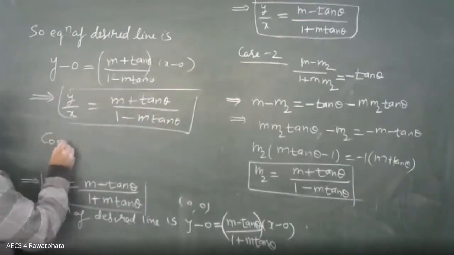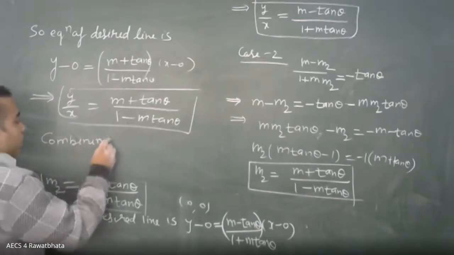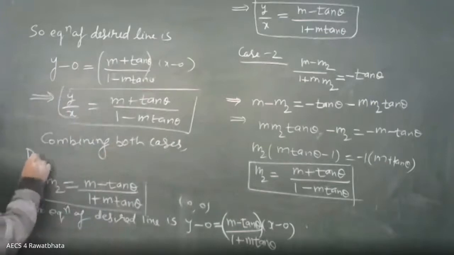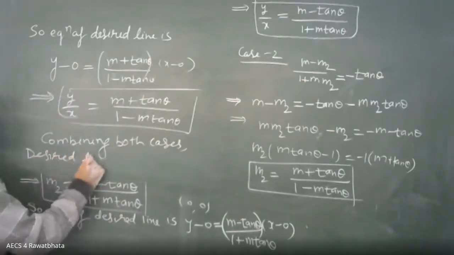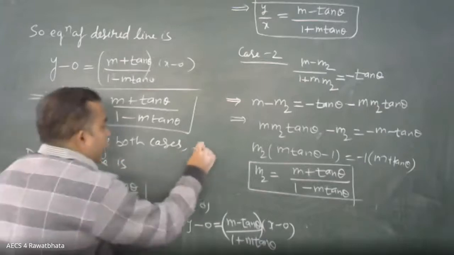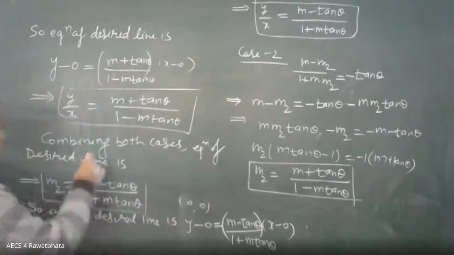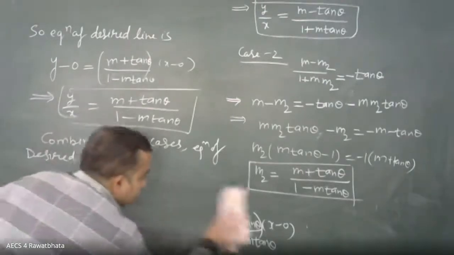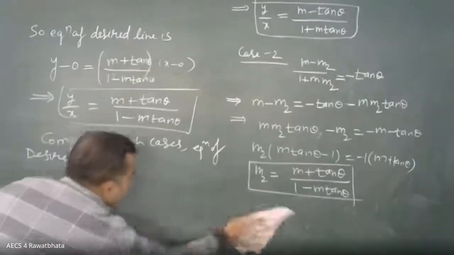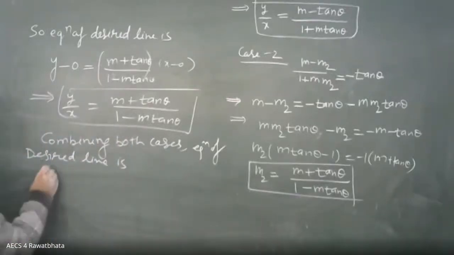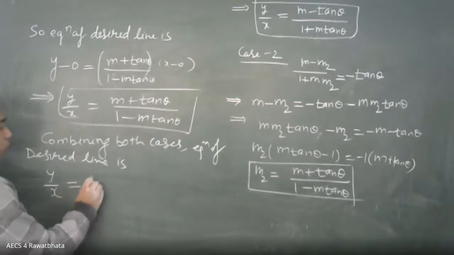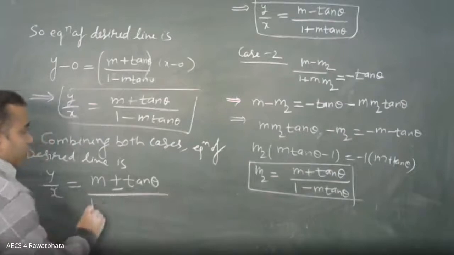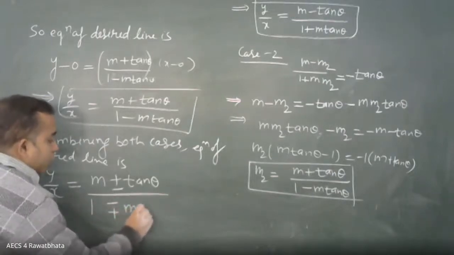Combining both cases, the equation of the desired line is, writing plus minus, y upon x equal to m plus minus tan theta upon 1 minus plus m tan theta.